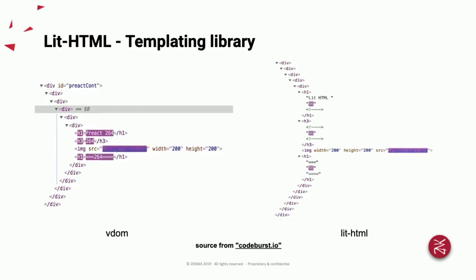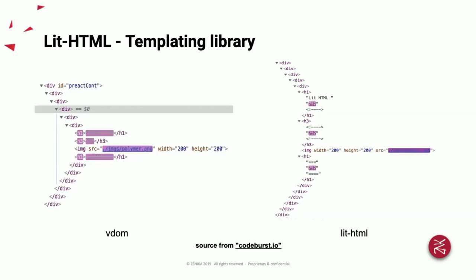Basically, lit-html allows us to write our HTML templates using plain JavaScript with the use of template literals. If you notice on my right side, this is how Preact VDOM re-renders every time there is an update, while on the left side, this is how lit-html does its re-rendering.